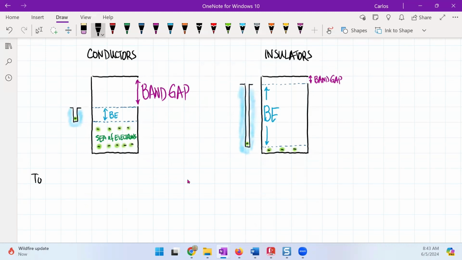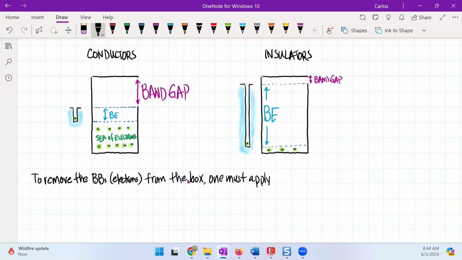So what happens now? To remove the BBs, remember, these are the available electrons from the box, one must apply a shaking force.